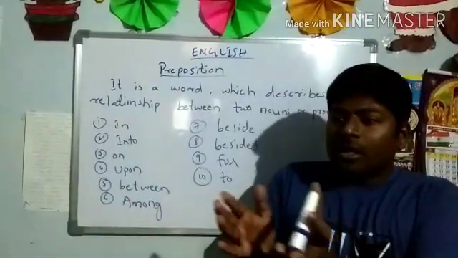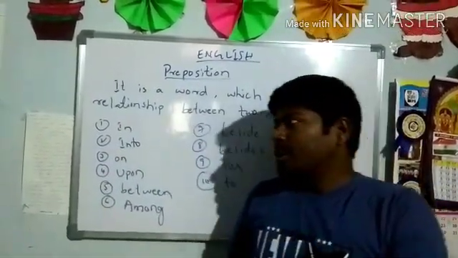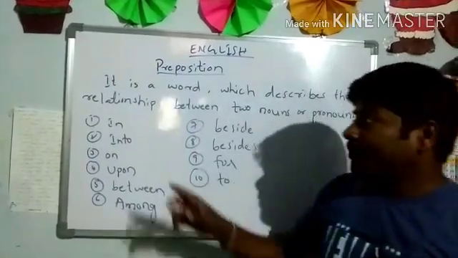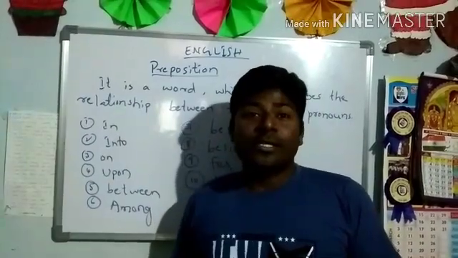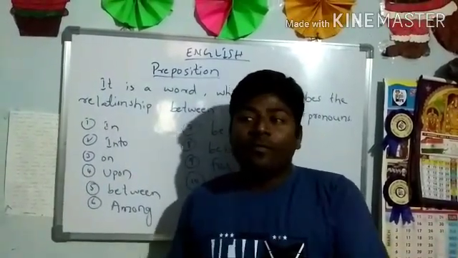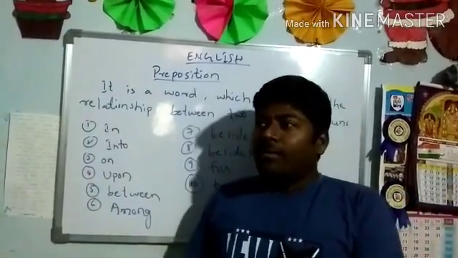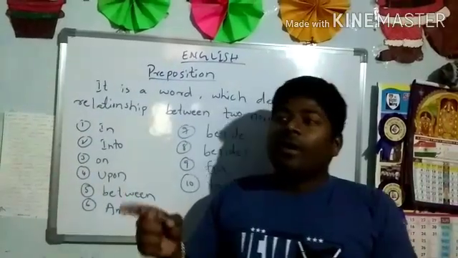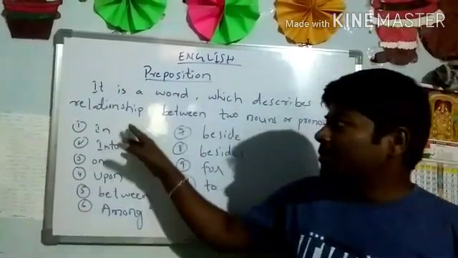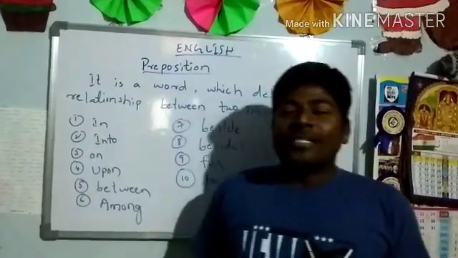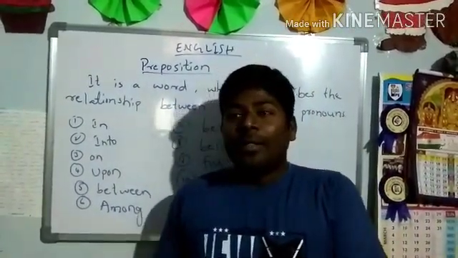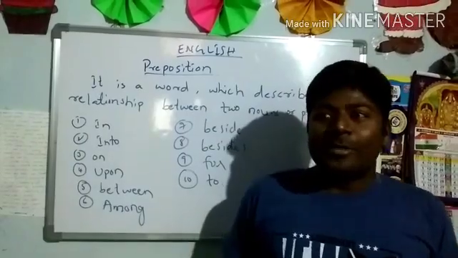So before city names we can use in, and before the year number, we got independence in 1947. Next, into preposition. When the subject has movement, the meaning of in, we use into preposition.